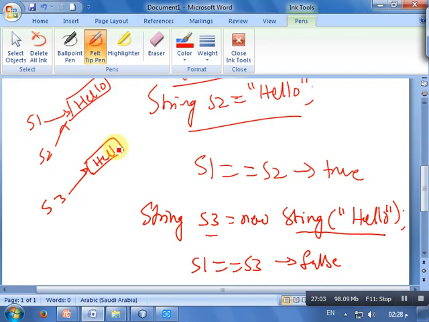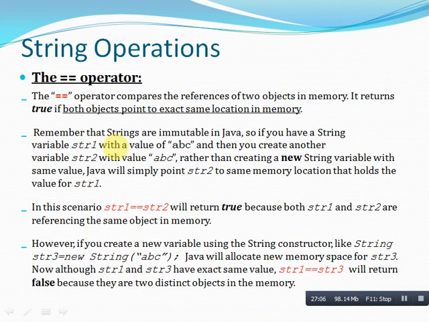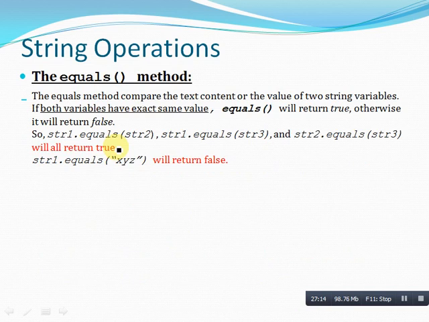Okay, so this is the equal operator, which will compare two string references. If the strings are referring to the same value, then it will say true. If they are referring to different locations, then it will say false.